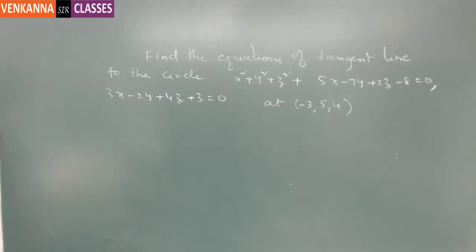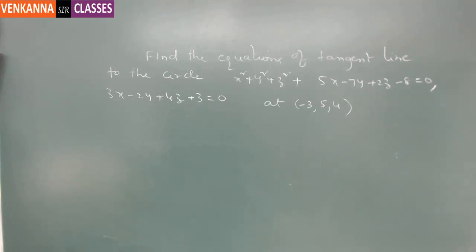Now, just visualize the problem and try to draw a picture. Then we discuss how to find the equation of the tangent line. It is very easy to calculate, but one should have visualization so that it will be done very easily. First of all, how can we get a line? A line is nothing but the intersection of two planes.